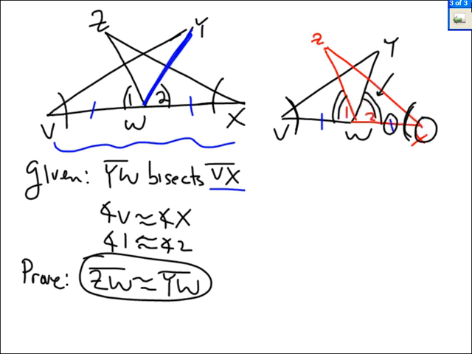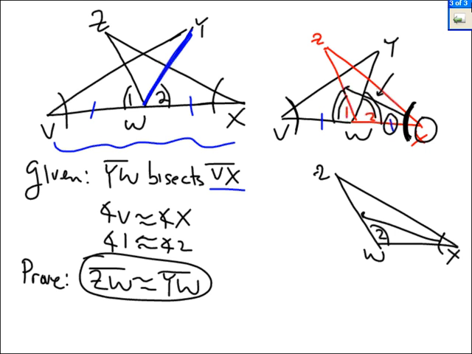If you look at ZW in the red triangle, X, angle 2, Z, and W, ZW is opposite the angle that has 1 slash.